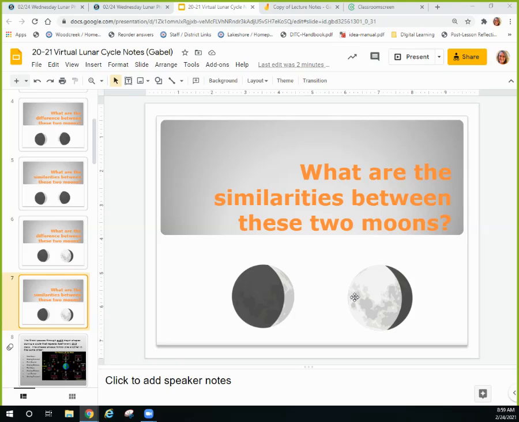What makes them different is where the light is and how much of the light there is. So this is a crescent moon, this is a waxing crescent, and this is a waning gibbous, okay? But if you cover up half of it, they have similar shapes, just different shading.